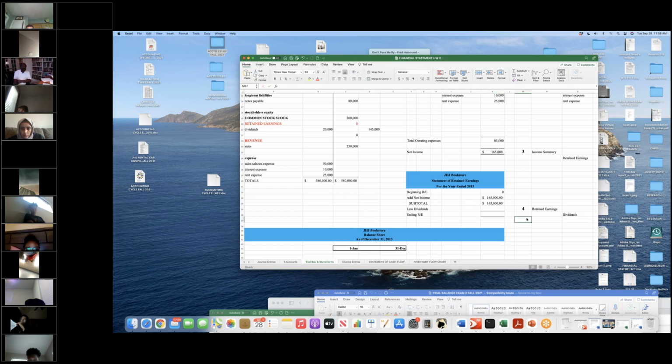Then what do we do next? What's the next line? Subtracting the dividends. So we subtract the dividends. So our ending retained earnings is what? 145,000.